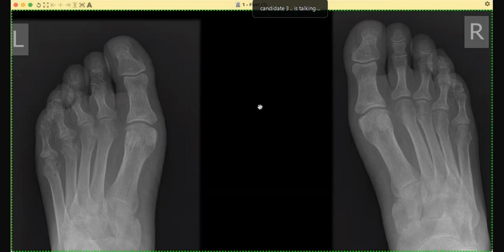The main joint affection is more on the left side, the lateral four metatarsophalangeal joints, and on the right side the affected joint is the fifth metatarsophalangeal joint.